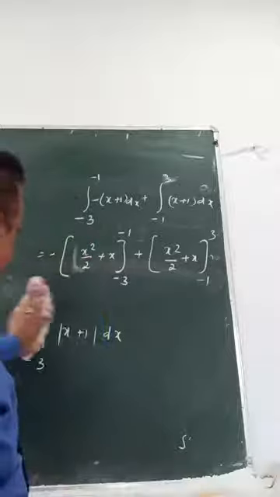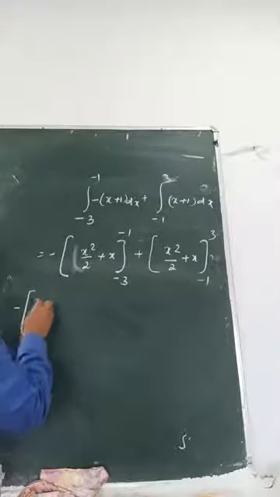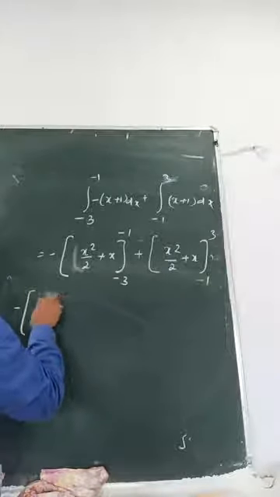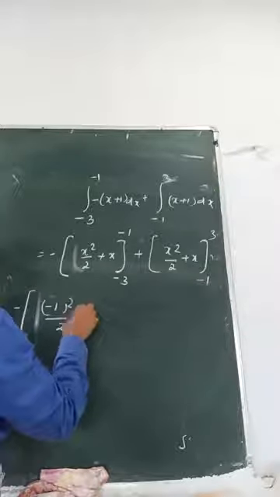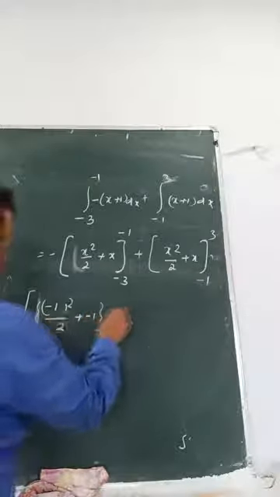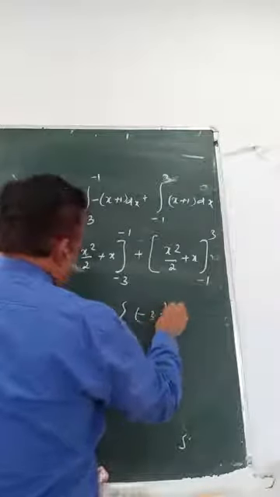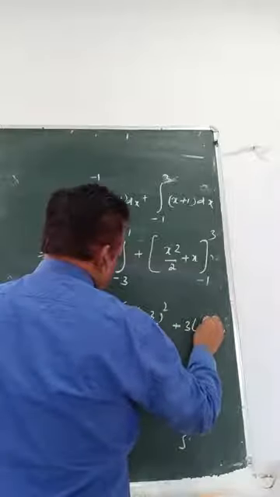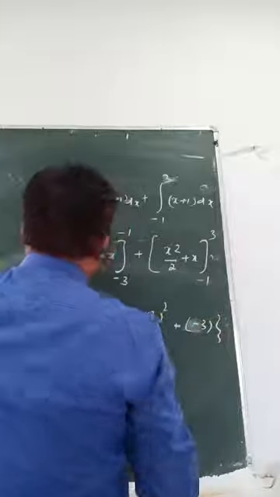Now you can expand here. So minus will remain outside. Minus 1 square by 2 plus of minus 1, minus 3 square by 2 plus 3 into minus 3. This part is over.